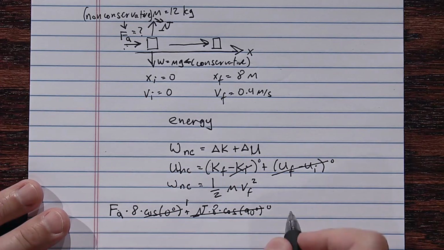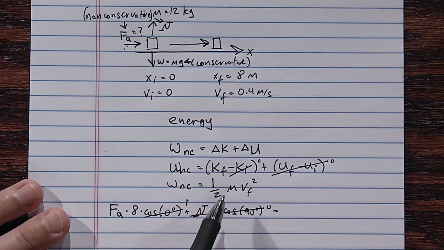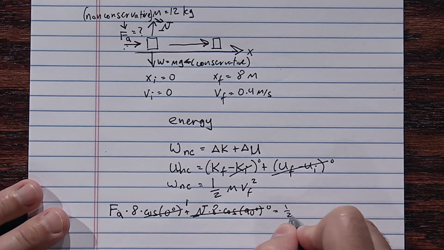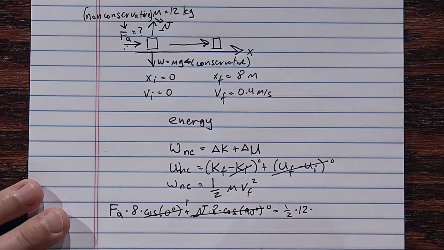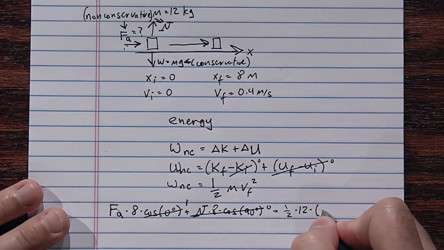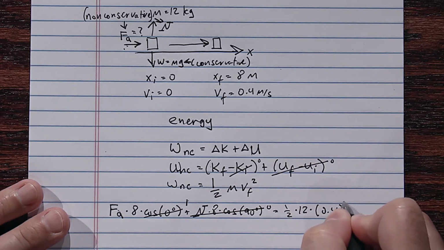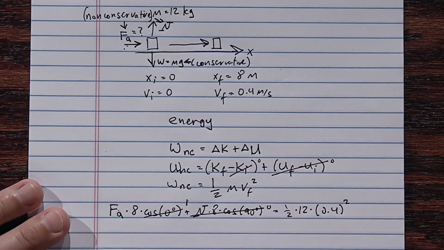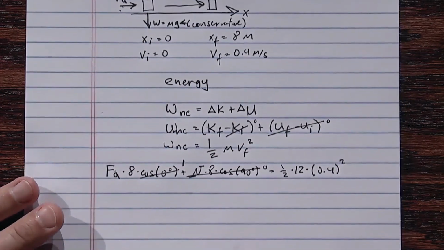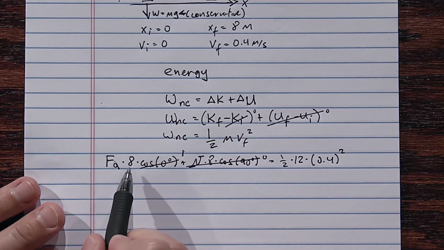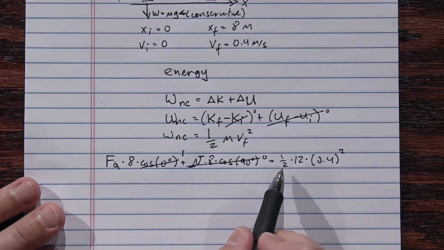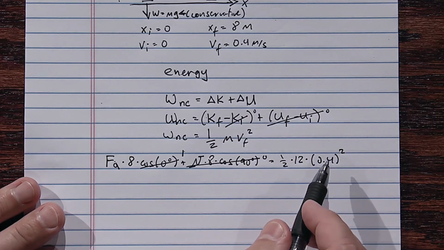So we have force times 8 is equal to 1/2 the mass times V final squared. So it'd be 1/2 times 12 kilograms times V final 0.4 squared. And so we have the applied force times 8 is 1/2 m v final squared.